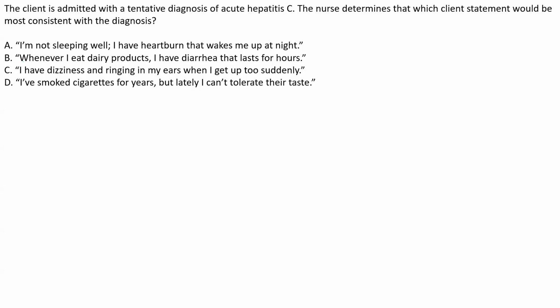Okay, next question. Patient admitted with a tentative diagnosis of acute Hep C, the nurse determines that which client statement would be most consistent with the diagnosis.